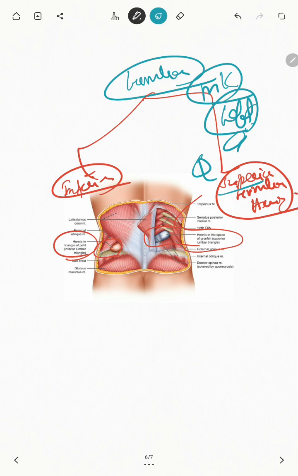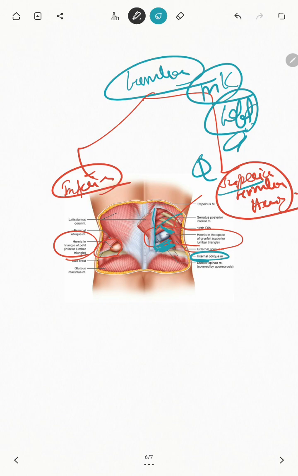Okay, the boundary is formed by your internal oblique muscle, as you can see here, and the 12th rib on the superior side, and also the reflected part of your latissimus dorsi muscle, and serratus posterior.